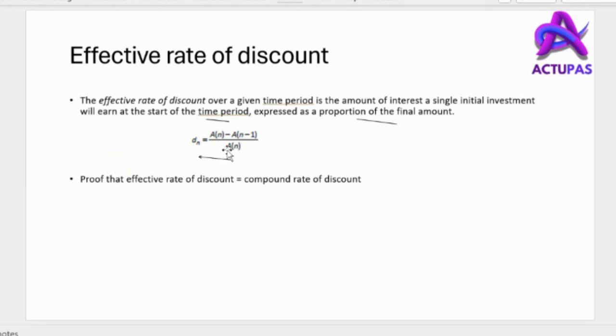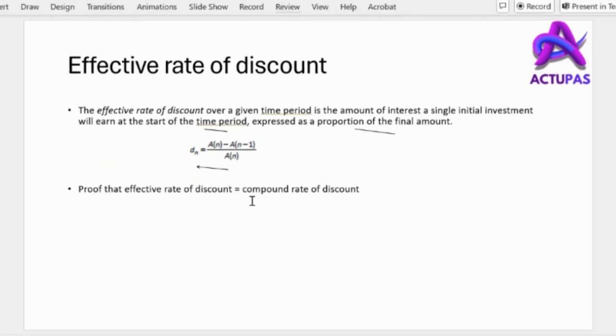So that's the formula for d_n. And how do we prove that the effective rate of discount is equal to the compound rate of discount, like how we did with the effective rate of interest and the compound rate of interest?